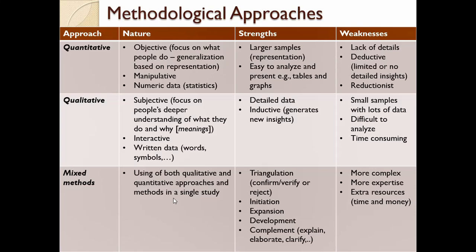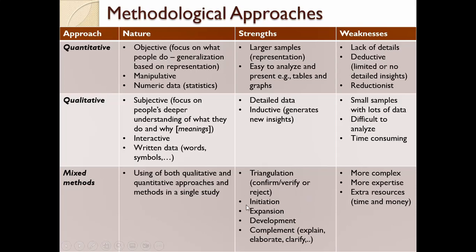The other one is a combination of both qualitative and quantitative, which is commonly referred to as mixed methods approach. You mix both in a single study, and the advantage is that you can use information from one approach to confirm, verify or reject results from the other.